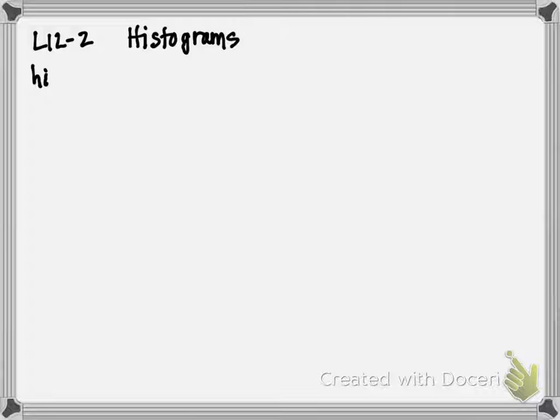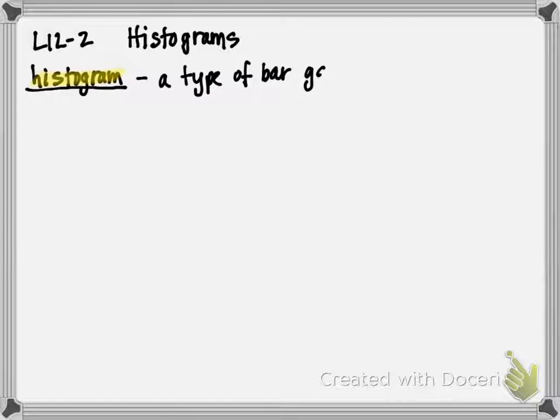So let's get a definition of histogram. It says it's a type of bar graph used to display numerical data.